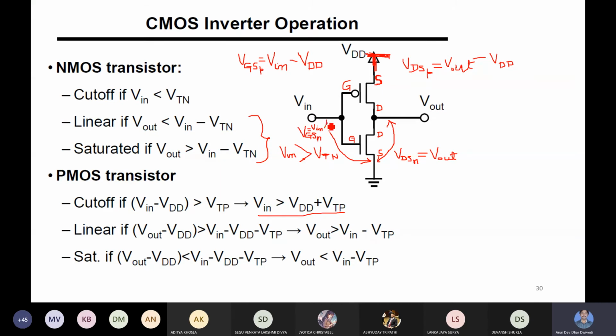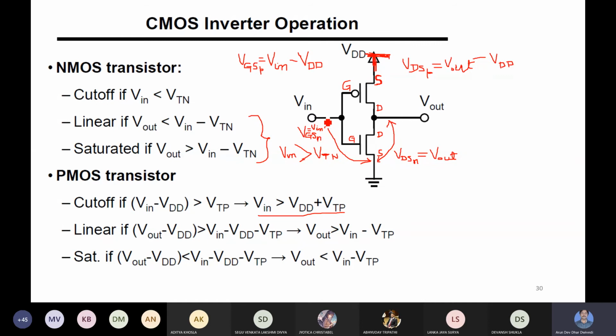And we know that the input is VGSN. Whatever input you are applying is basically coming as VGSN, because between this point and ground there are no other changes. Here you are applying Vin, and ground is 0.